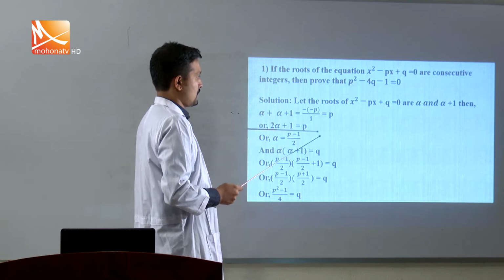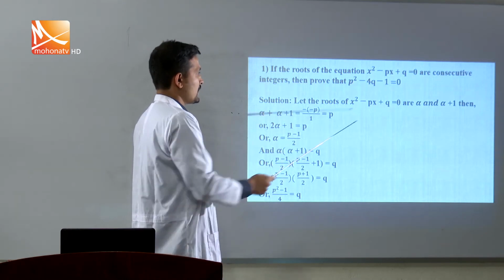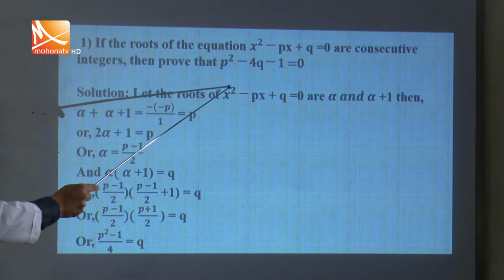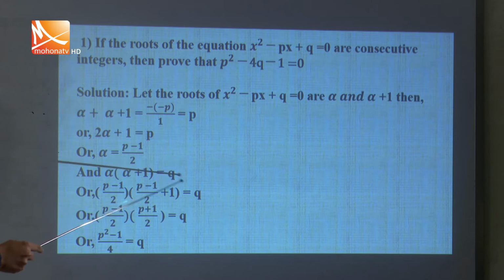And the product of the roots, that means alpha times (alpha + 1), equals c/a, which is q/1, since the coefficient of x² is 1, so q.